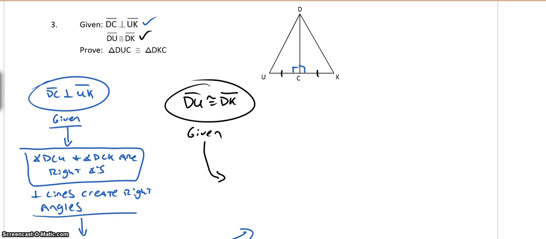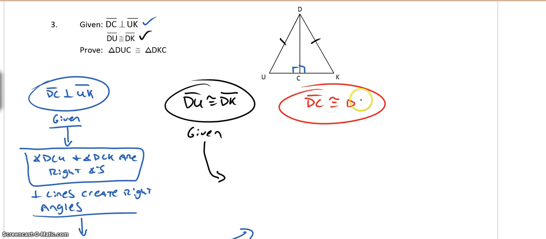Oh, wrong ones, my mistake. So DU is congruent to DK, and then we have our third piece, which is DC is congruent to DC by reflexive. Alright, so here we have that.